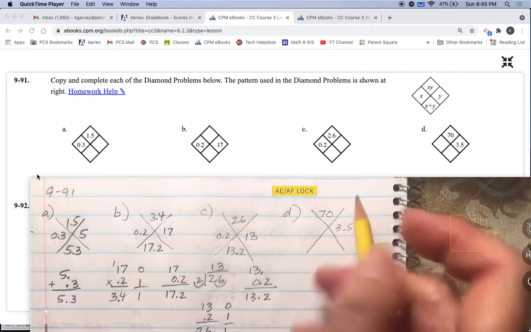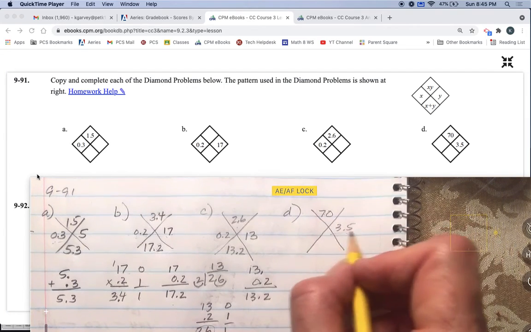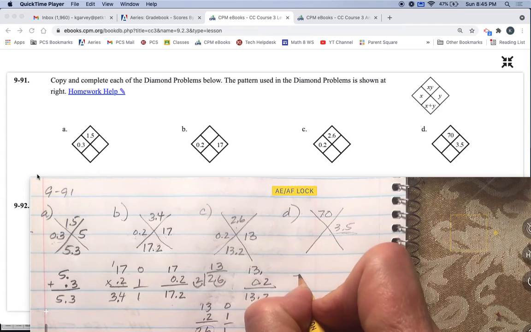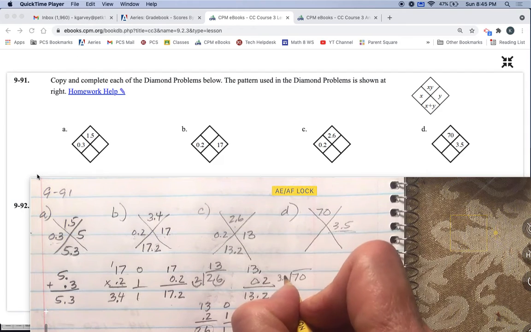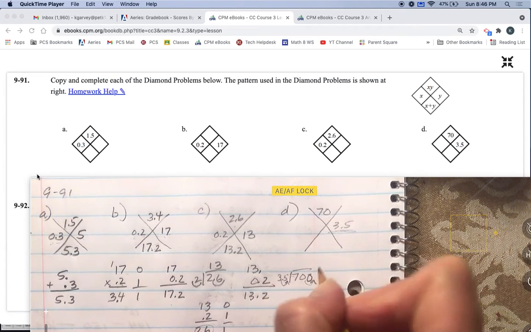All right, last one. 70 has to be divided by 3.5. So 70 divided by 3.5. We need to move that decimal point, and here we're going to have to add a 0 to be able to move the decimal point.